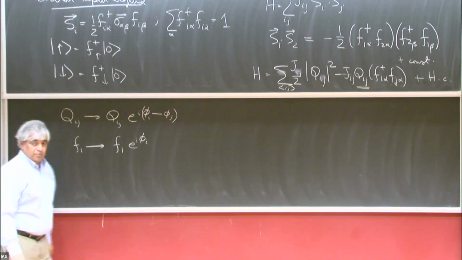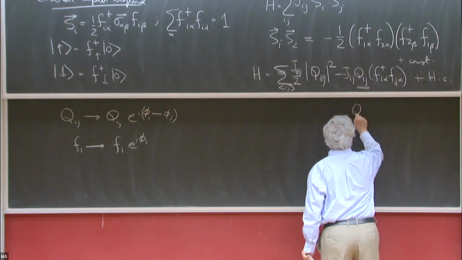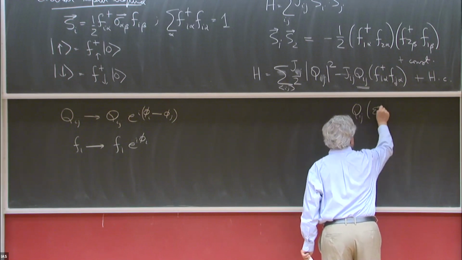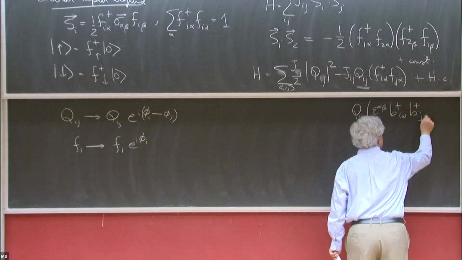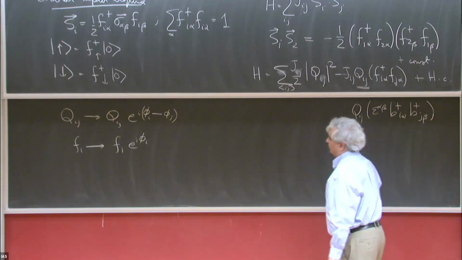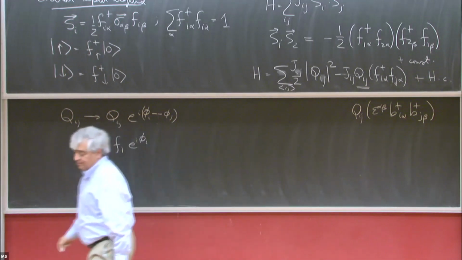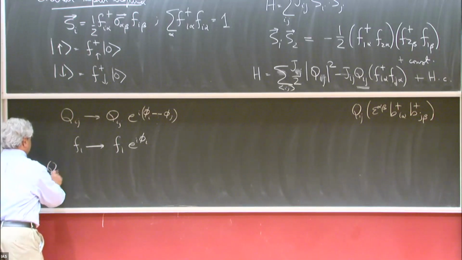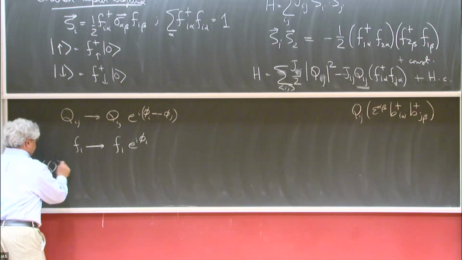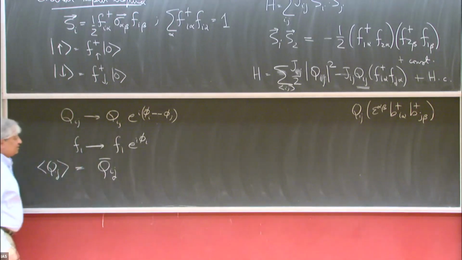Okay. What was the difference with the previous model you discussed? So the previous model had Qij as epsilon alpha beta, d dagger i alpha, d dagger j beta. So in that model, I would have a plus sign here, not a minus sign. Okay. Now the minus sign actually makes life very simple, because if I now take Qij and look at it, it has a saddle point value, which is Q bar ij on some set of bonds.